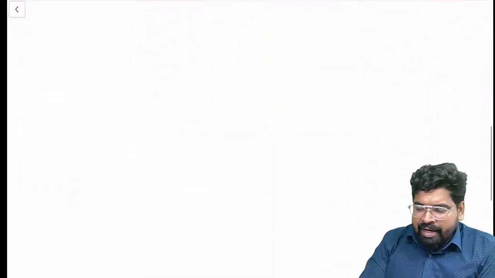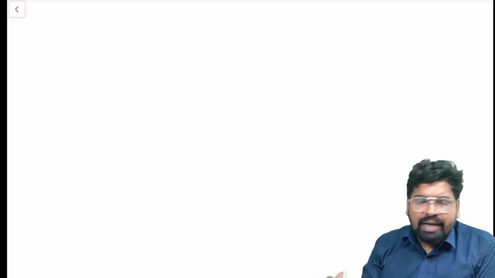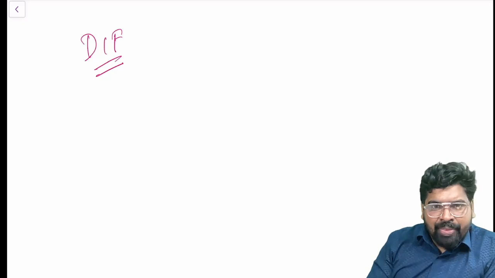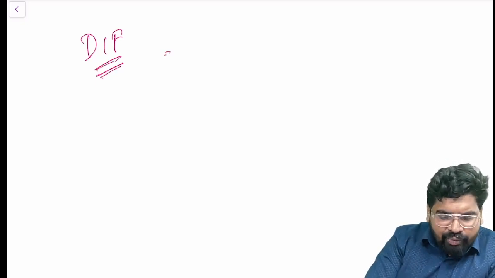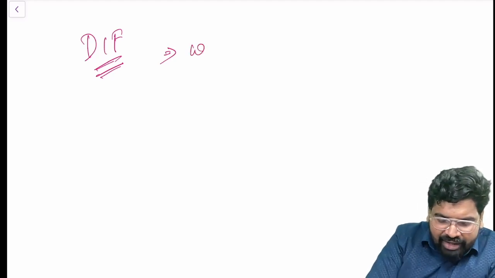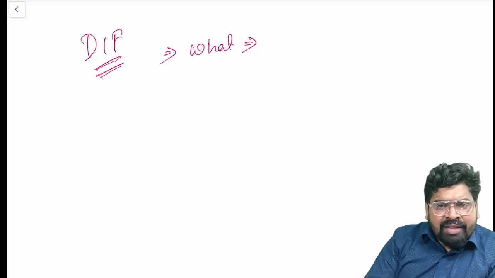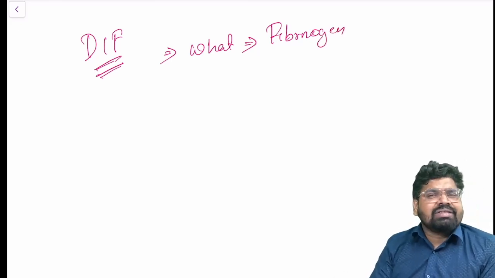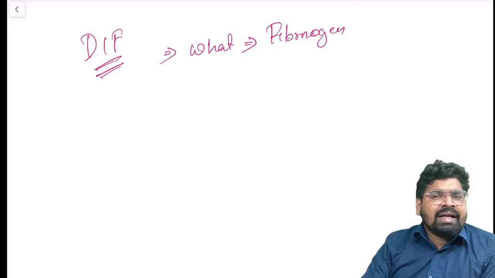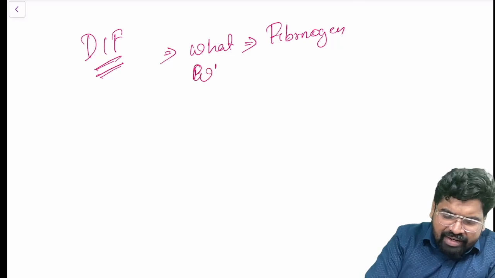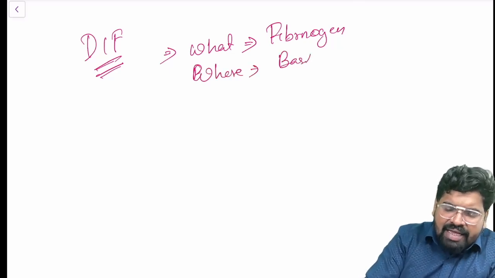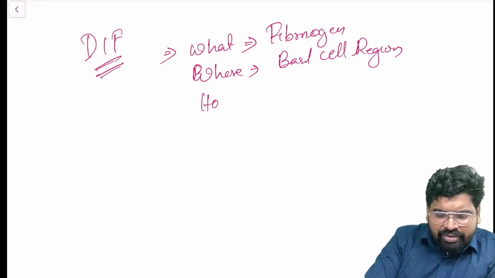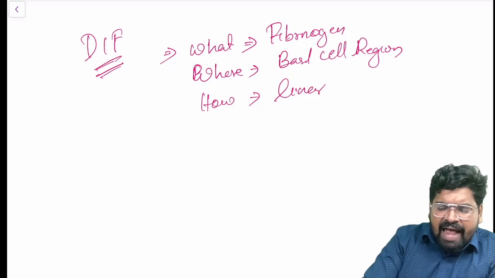Now, along with this lichen planus, if I do a direct immunofluorescence, what I can see deposited is the fibrinogen component along the basal cell layer, basal cell region or basement membrane region, in a linear shaggy pattern.